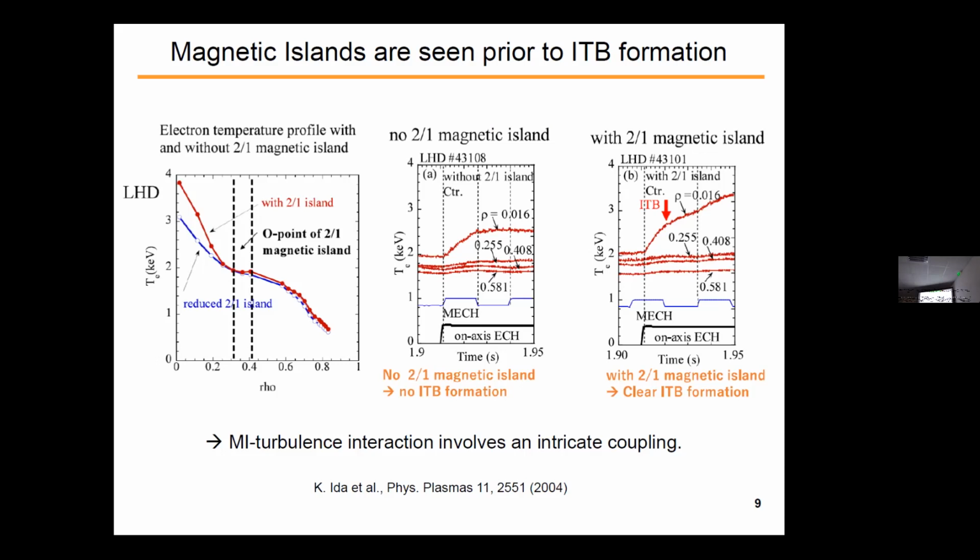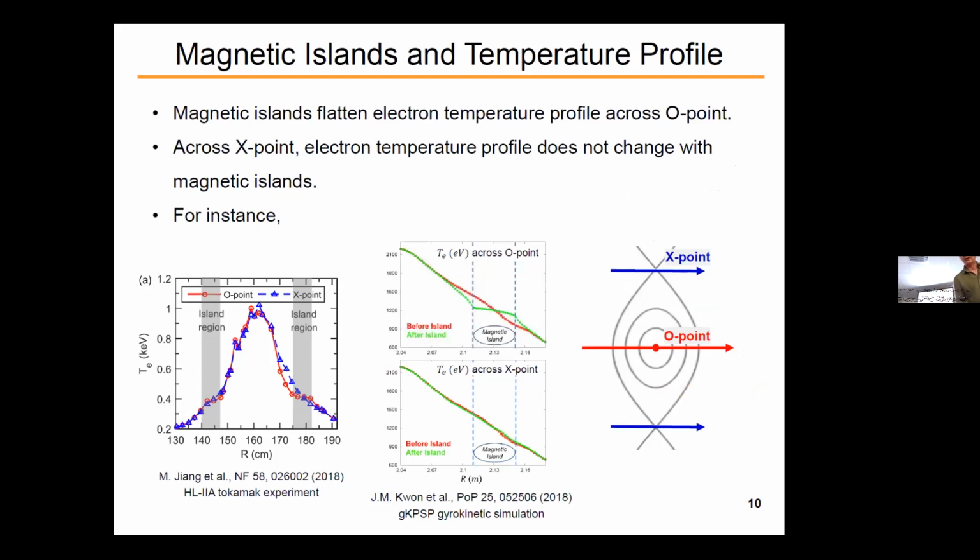Surprisingly, the plasma with magnetic island ended up producing an internal transport barrier, and it ends up with a higher central temperature. So even a spontaneously produced magnetic island can be beneficial to plasma confinement.